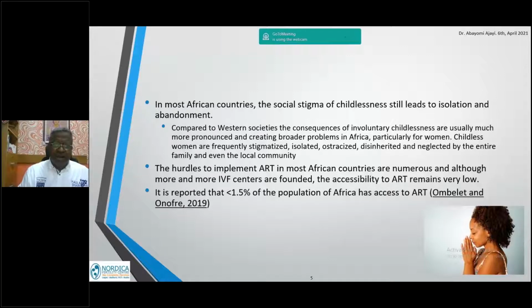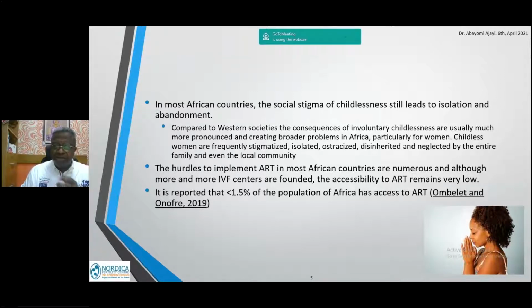Compared to Western societies, the consequences of involuntary childlessness are more pronounced and create broader problems in Africa, particularly for our women, who are frequently stigmatized, isolated, ostracized, disinherited, and neglected by family and even the local community. And so one would think that ART should be embraced fully in this part of the world.